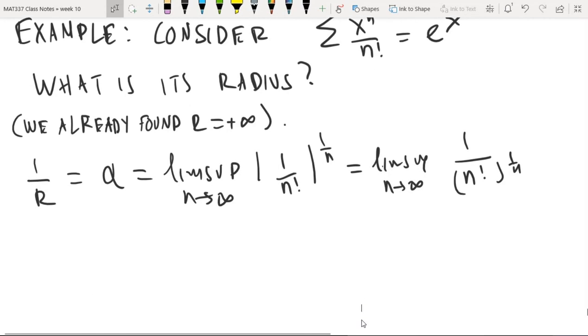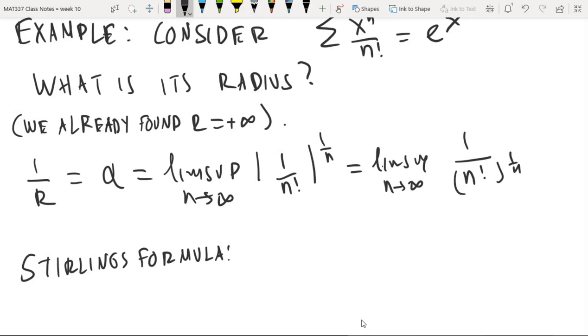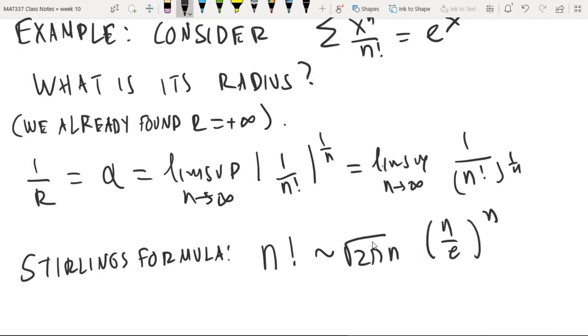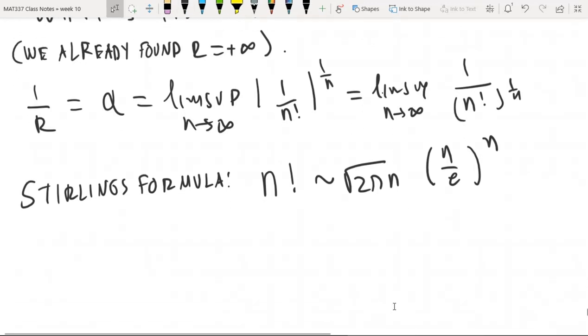Okay. So hopefully you've seen this before. This is called Stirling's formula. Actually, I want to give you the precise asymptotic. Okay. So let me write it carefully. So n factorial is, by Stirling's formula, asymptotic to the precise expression.